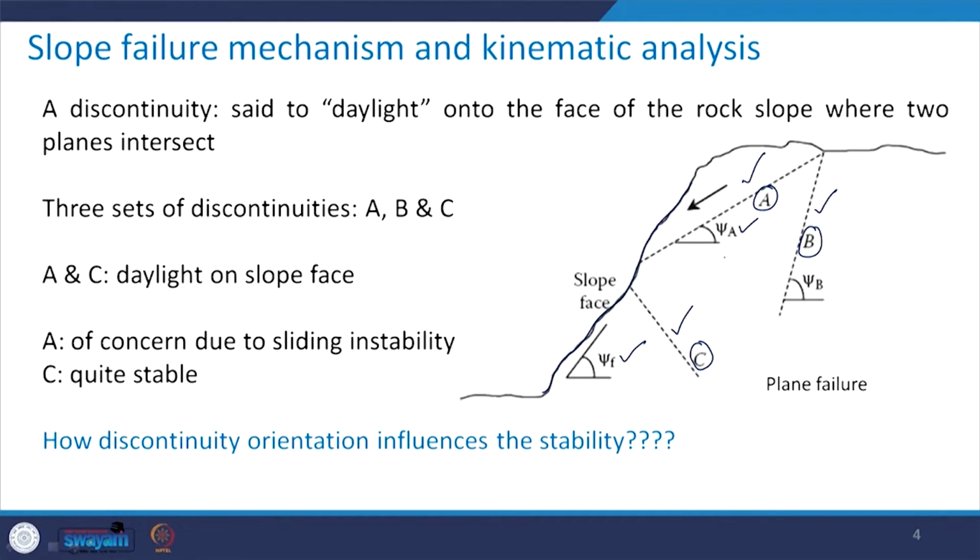Similarly, for the discontinuity set B, the dip is psi B. This discontinuity A, that is this dotted line, and the discontinuity C, that is this dotted line, they intersect the slope face here and here. So, we can say that these discontinuity sets A and C daylight on the slope face.